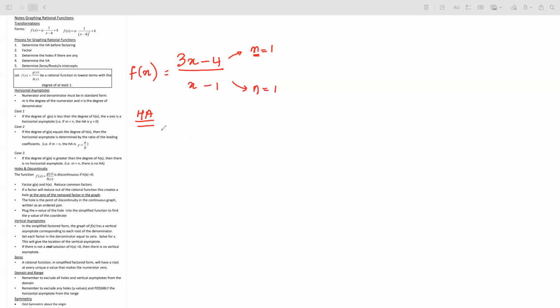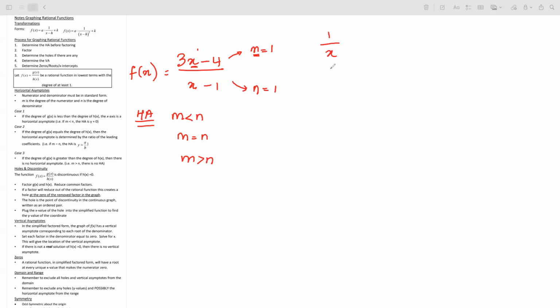Okay. Now, to find the horizontal asymptotes, there are 3 cases. One is m can be less than n, or m can be equal to n, or m can be greater than n. Am I making sense? So now degree of this means x power of 1, x power of 1. Both are equal here. Sometimes my degree of the denominator can be less. See, 1 by x.